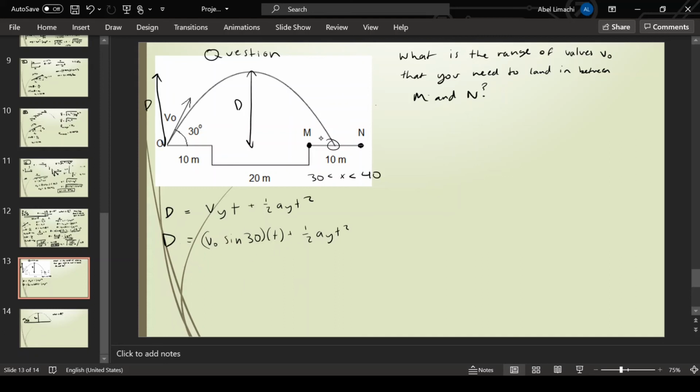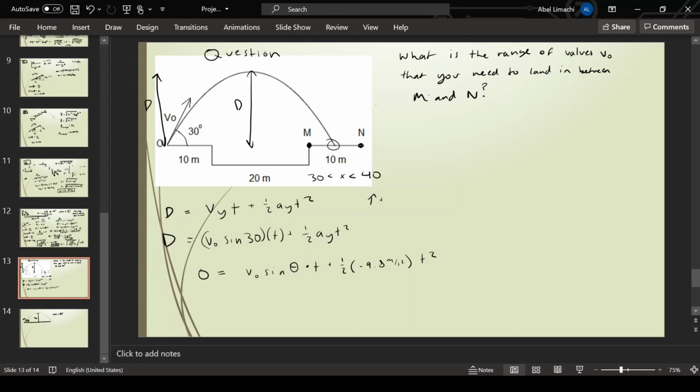You're looking for whenever it's 0 the second time. So if we say that D is going to be equal to 0, then 0 equals V initial sine of theta times T plus 1/2, and I'm just going to call up as positive again, negative 9.8 T squared.